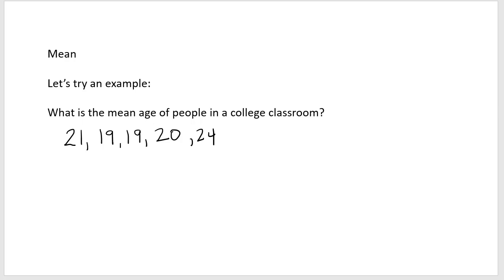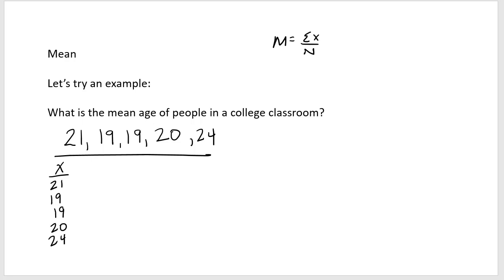All we need to do is add these together because that's our formula. The mean is equal to the sum of the scores divided by the number of scores. All of our X's are 21, 19, 19, 20, and 24.